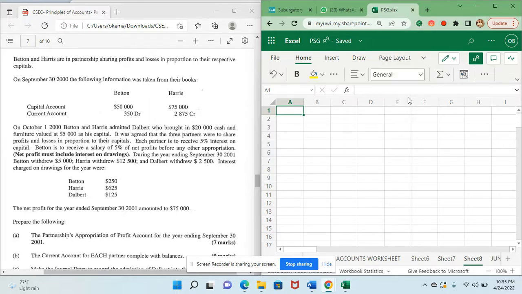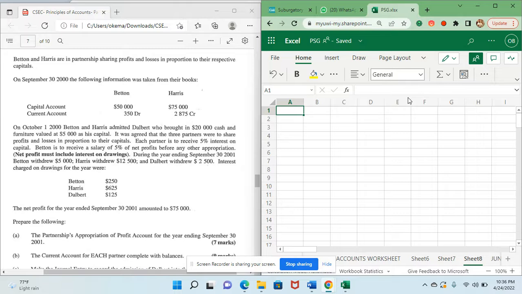Welcome to our class, and we will be talking about partnership accounts today and partnership type businesses. Based on our previous lessons, we would have been focusing on sole trader or sole proprietorship accounts, right? The main difference we see with partnership accounts is the business entity concept coming into play.